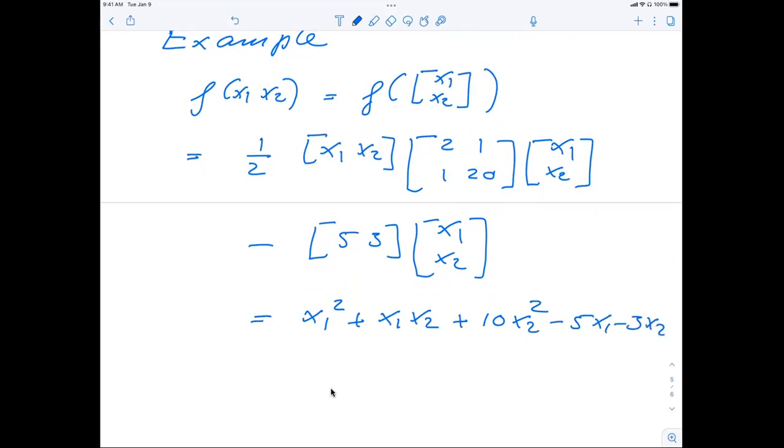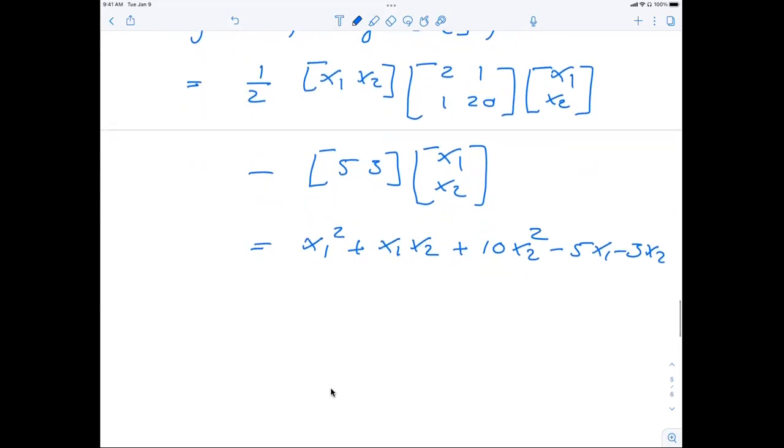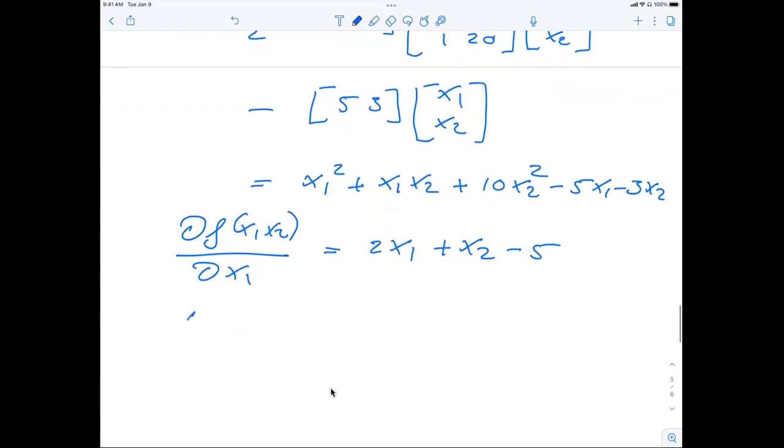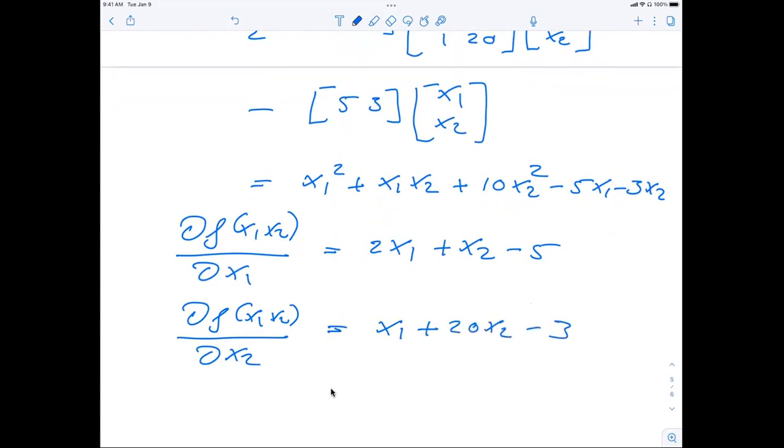It's easy to calculate the gradient. I can set up the gradient in terms of the components, the derivative of f of x1, x2 with respect to x1. When I take the derivatives, this is simply 2x1 plus x2 minus 5. And then I can do the same for the derivative with respect to x2, and that is given by x1 plus 20 times x2 minus 3.